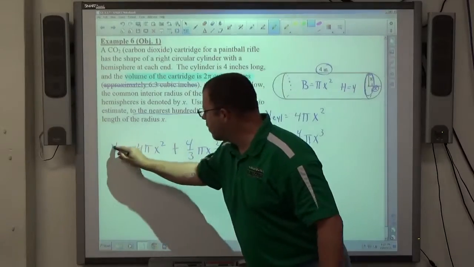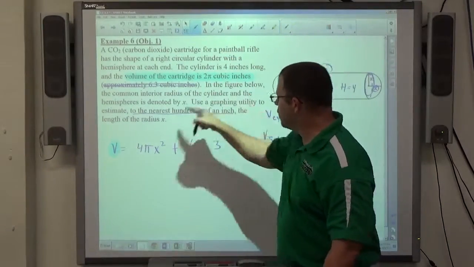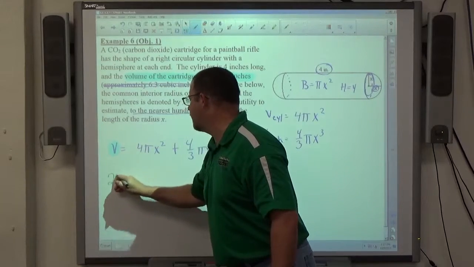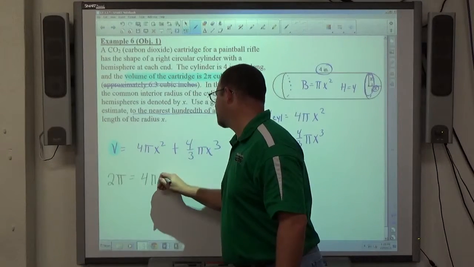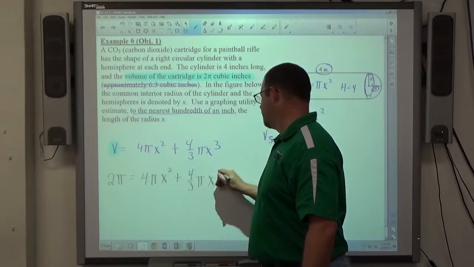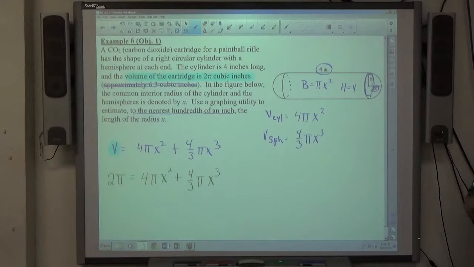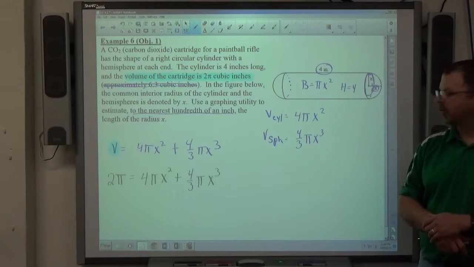So they're telling me what v equals. So if I substitute 2 pi in place of v here, 2 pi equals 4 pi x squared plus 4/3 pi x cubed. I now have an equation that has exactly one variable x in it that can be solved using some method of math. In this case we're going to be using our calculator to help us solve this one.